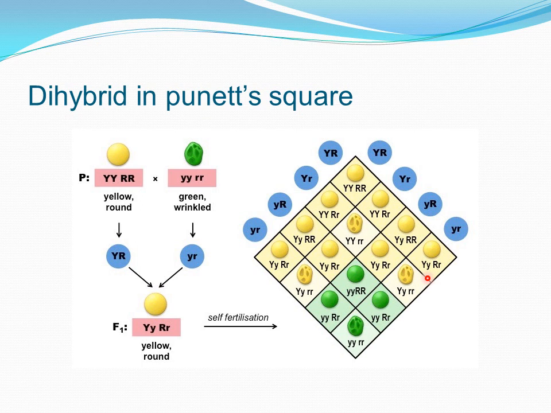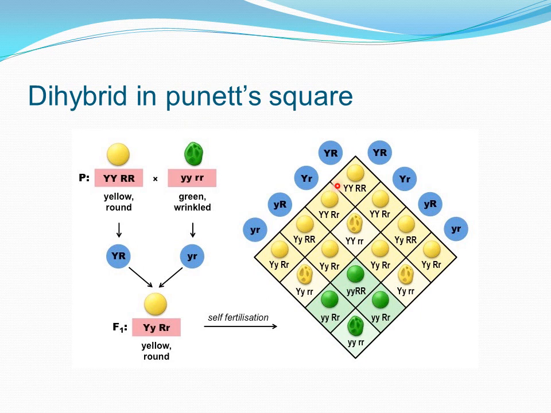So how come the ratio is 9:3:3:1? Here you can count 1, 2, 3, 4, 5, 6, 7, 8, 9. These are all yellow seeds having round shape. So 9. Then 3 is yellow and wrinkled. So 9:3. Now another 3 is round but they are green in color.